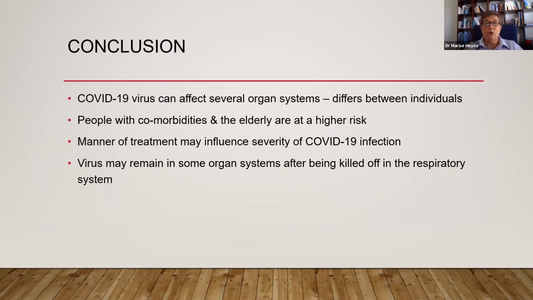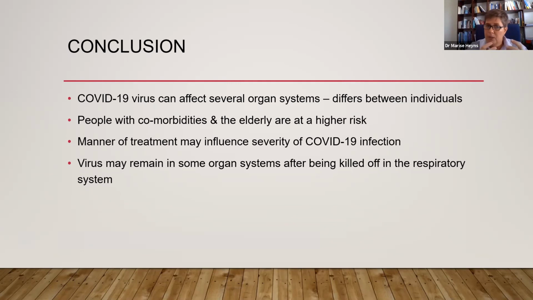Okay, so now to conclude, the COVID-19 virus can affect several organ systems, but it differs from person to person. One person can have pre-existing conditions, and the physiology differs from person to person. But as I found already, people with comorbidities, diabetes, old age, the elderly, are at higher risk to succumb to COVID-19 infection.